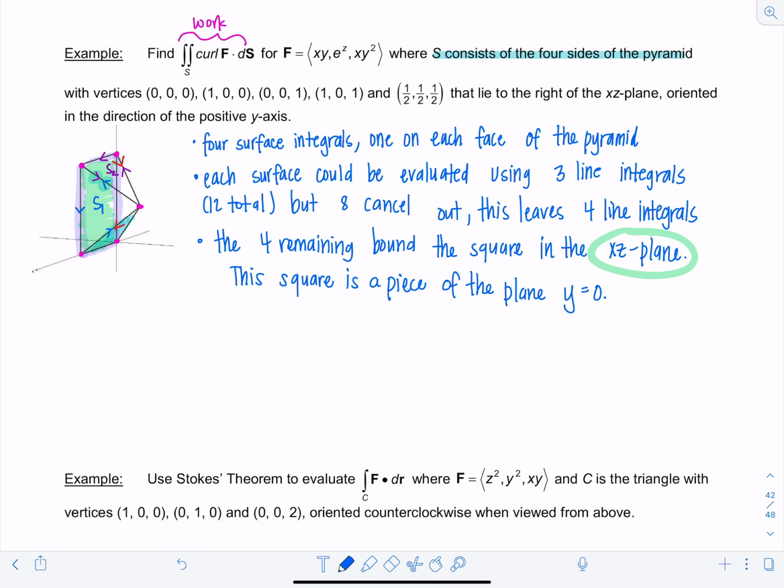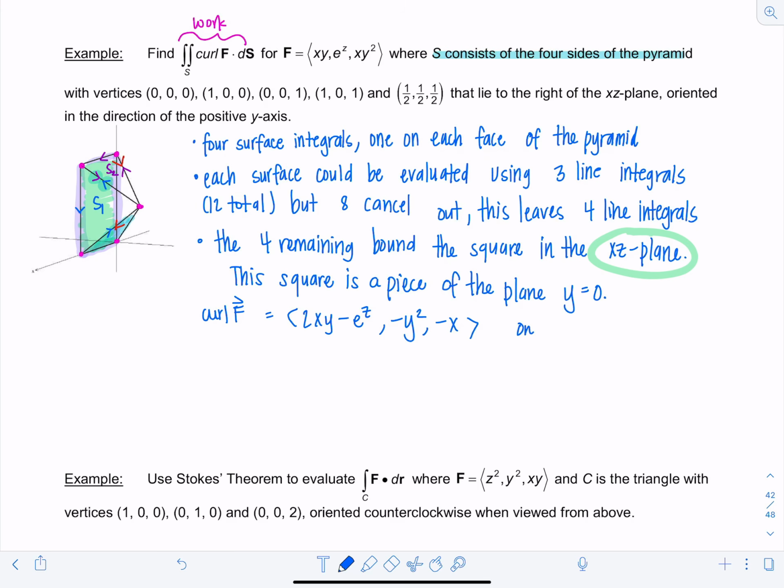Okay, now I took the liberty of finding the curl of f in my spare time. And it is 2xy minus e to the z, negative y squared, and negative x.